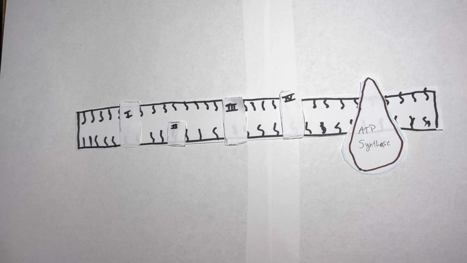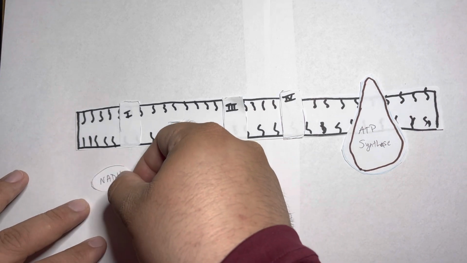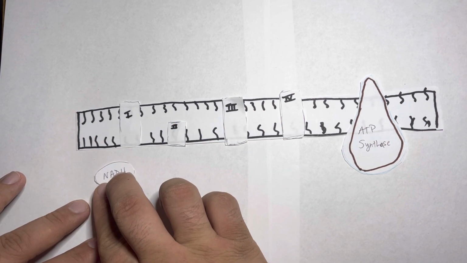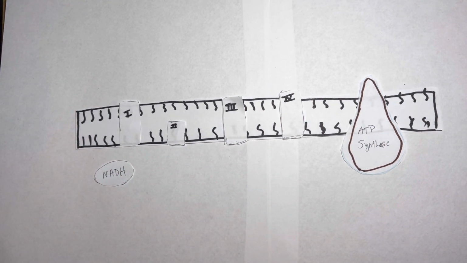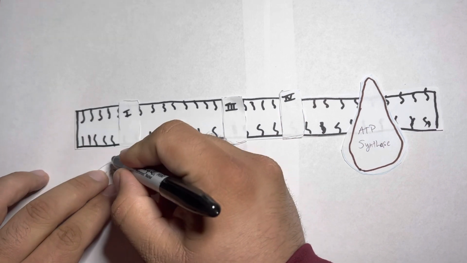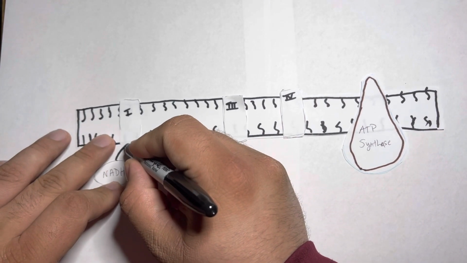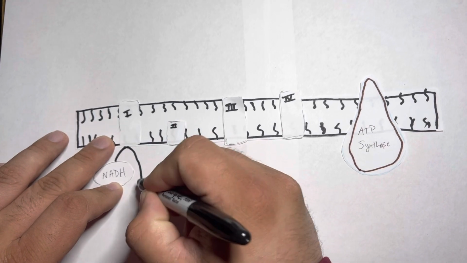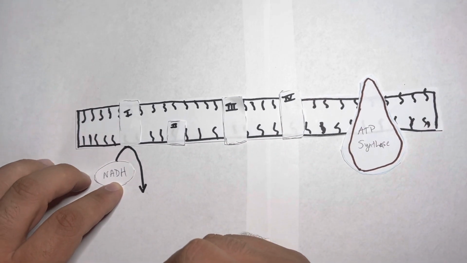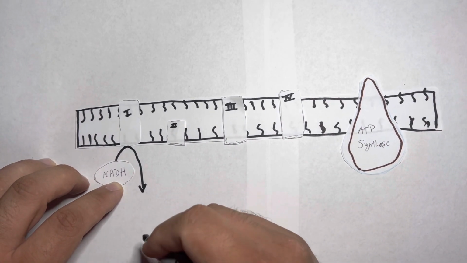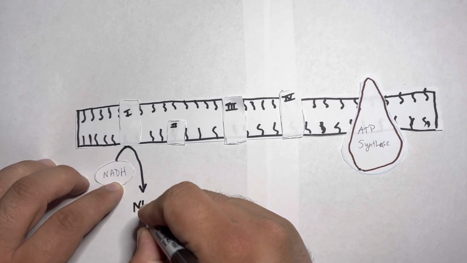So the way that all of this starts is through glycolysis. NADH is going to be produced by glycolysis. And what that's going to do is it is going to oxidize NADH through the first complex. It's going to oxidize, and in return, it's going to create NAD+.